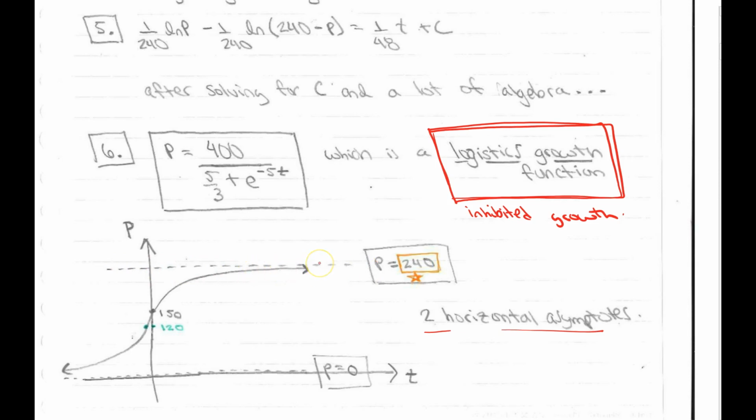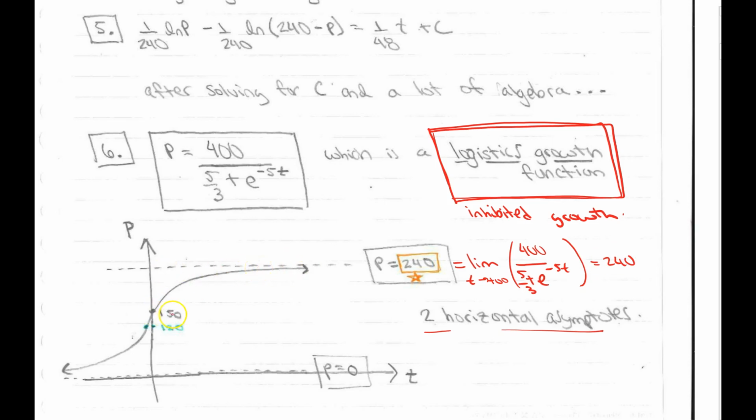It's the result of asking this question: the limit as t approaches positive infinity of that P function, 400 over 5/3 plus e to the negative 5t. As t approaches positive infinity, e to the negative 5t approaches 0, and 400 over 5/3 equals 240. So this is the upper asymptote, P equals 240.